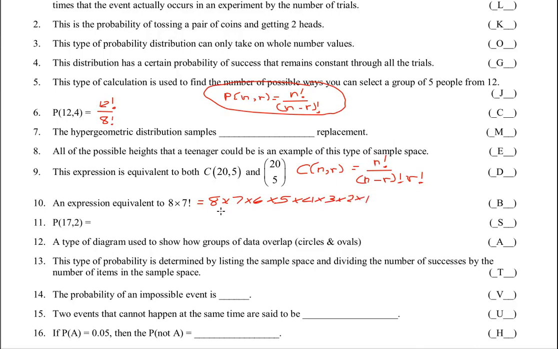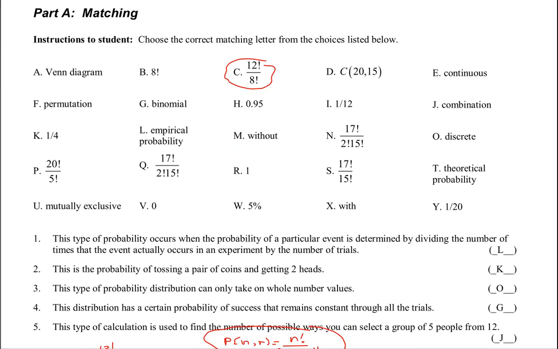So now what we actually have is the product of all the numbers from 1 up to 8, so that's equal to 8 factorial, which is answer B. If we scroll up, 8 factorial.